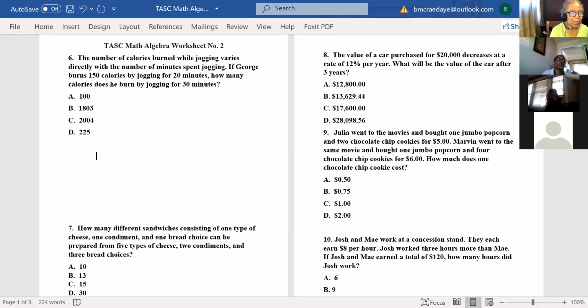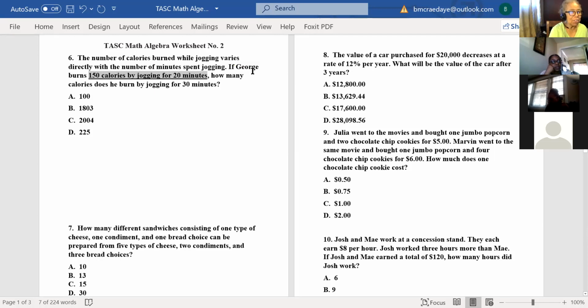How do you do ratio and proportion? What goes first? Remember, ratio and proportion means setting 2 ratios equal to each other. So what would you put as the first ratio? It's right here, I'll underline it: 150 calories, 20 minutes, right?